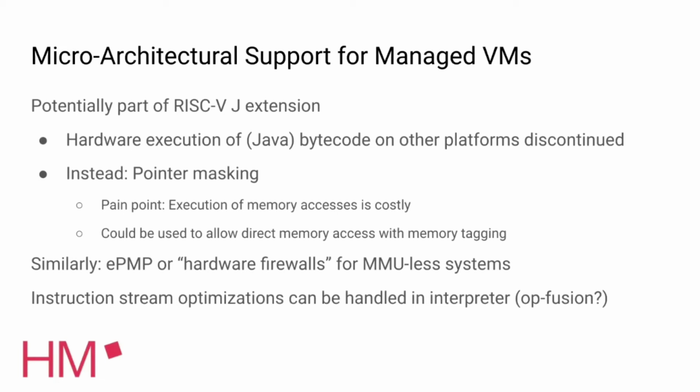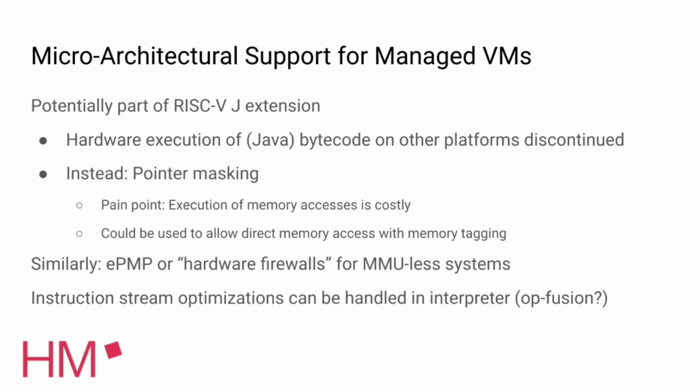Similarly, I could think about ePMP, which has recently been a topic, or some kind of hardware firewalls that could be very lightweight support for strong isolation properties in memory separation, maybe comparable a little to TrustZone, but more sophisticated for MMU-less systems. And finally, what I personally want to look into, and this is a research topic I've set myself for the future, is the idea of instruction stream optimizations, maybe a little in hardware, but I think primarily in software.